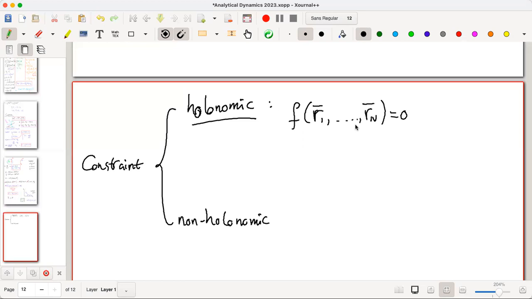Further, holonomic and also non-holonomic constraints can be classified into what we call scleronomous, which means time independent, so it doesn't depend on time, and rheonomous if it includes time. If there is no time dependence, it's called scleronomous.